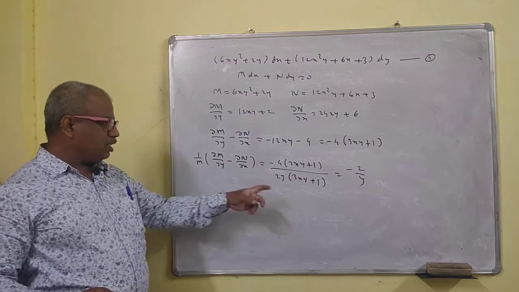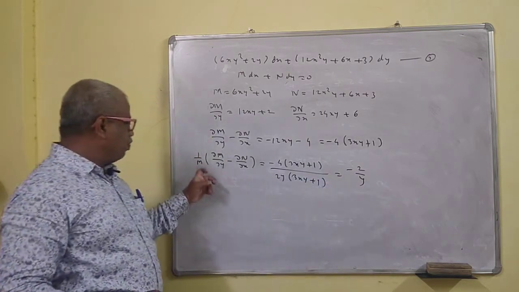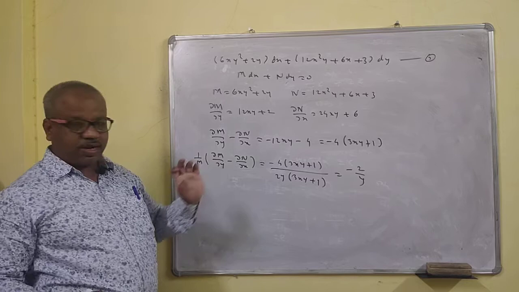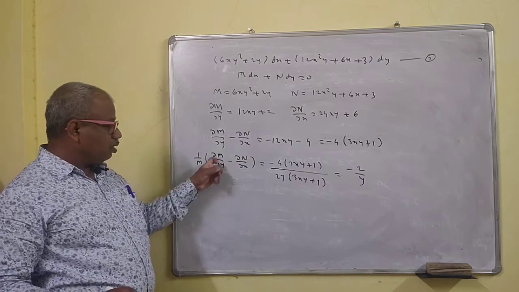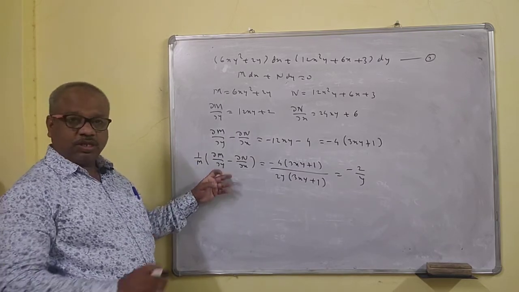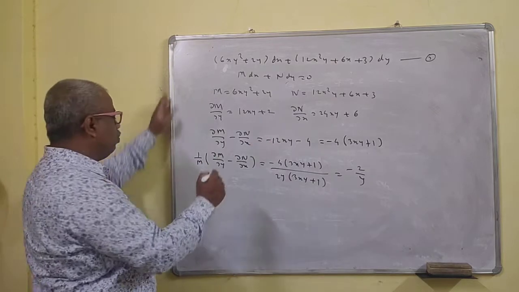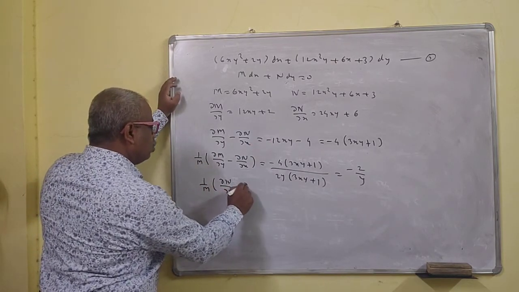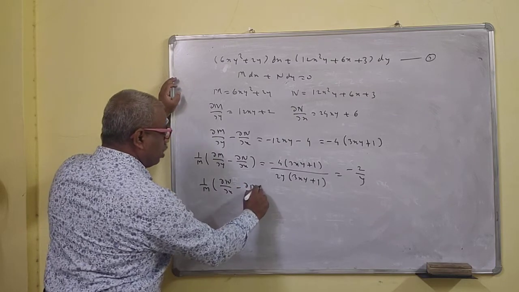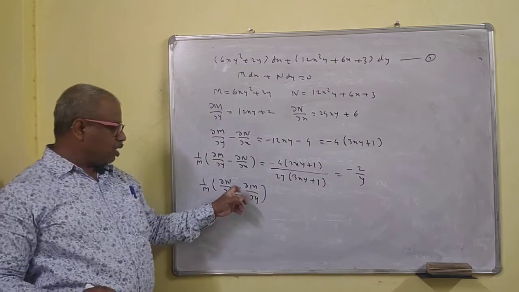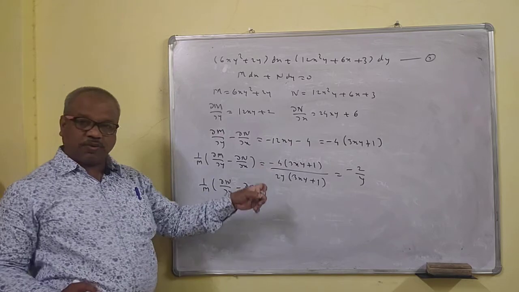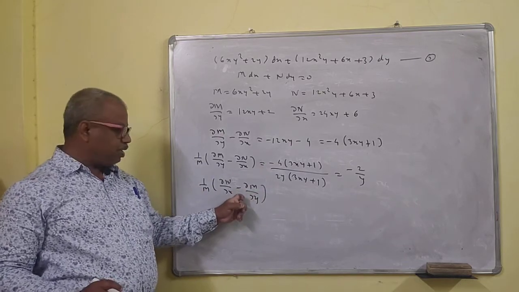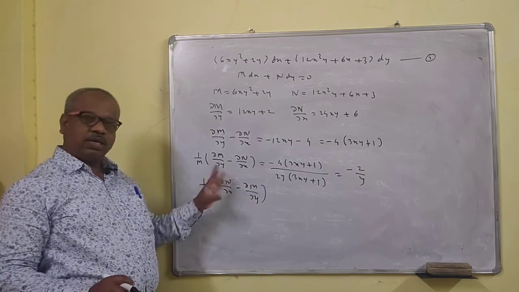But here, this is a function of y only. You are dividing by M and you get a function of y. There is a minus for ∂M/∂y, so we just change the sign.